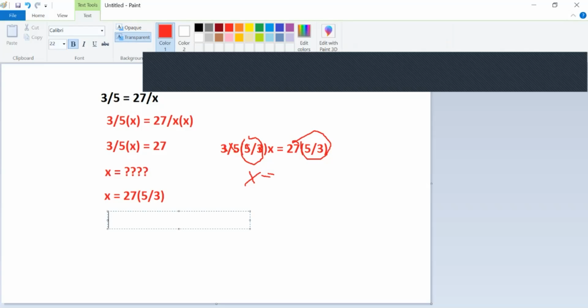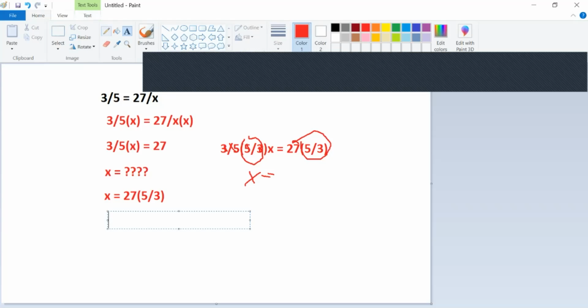Maybe it's because of the way that it's written, because I stack it, 3 over 5, not 3/5, and I don't know if that is messing my brain up. 3 over 5 is the same thing as 3/5, exactly the same thing. If I was writing this on a board, it would be easier, but here it's a little cumbersome for me to show you.